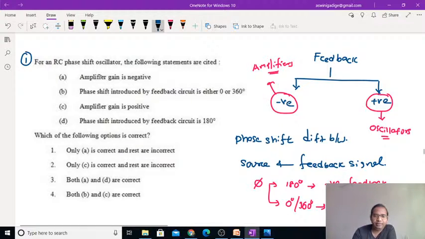Of course, in the oscillators, whatever amplifier we are using, the amplifier gain is negative, because the CE amplifier is doing the 180 degrees phase shift. Okay, fine.